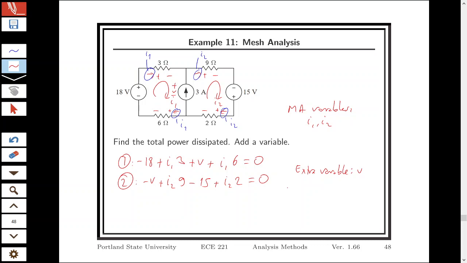So the extra equation comes from the mesh relation. This current source is in common between 2 meshes. So obviously this current source relates the 2 mesh currents. So when we relate them, I2 is in the same direction as the current source, minus I1, which is the reverse direction as the current source, so equals 3. This is the mesh relation.